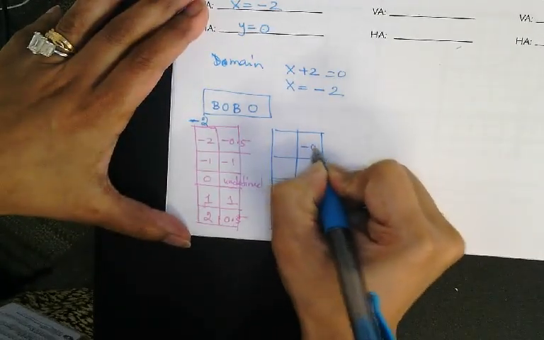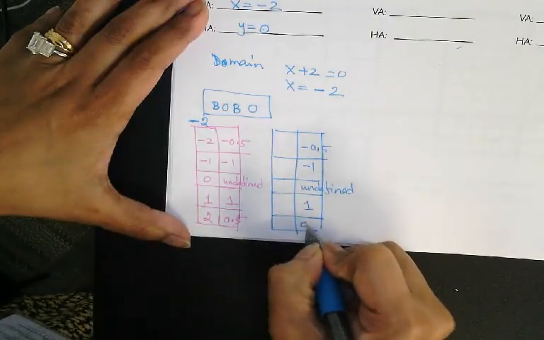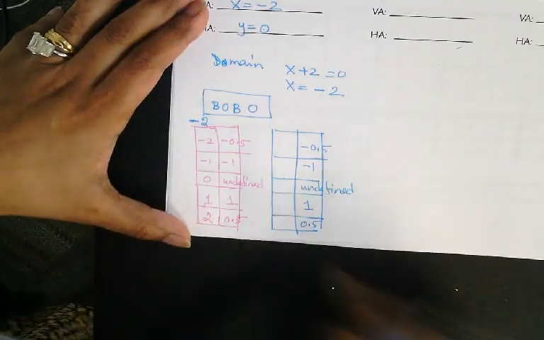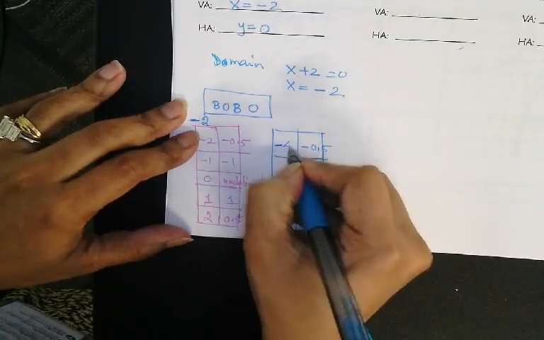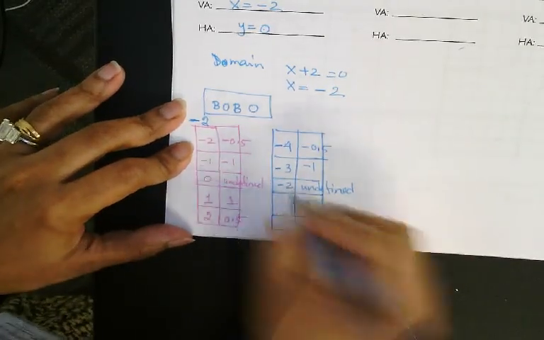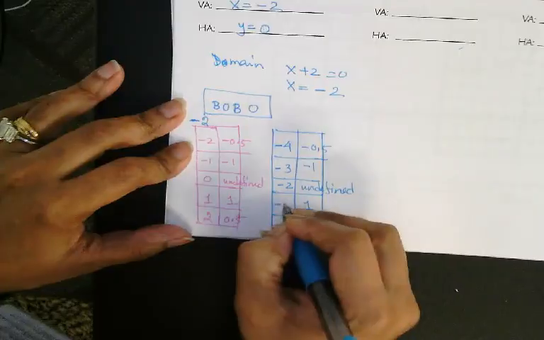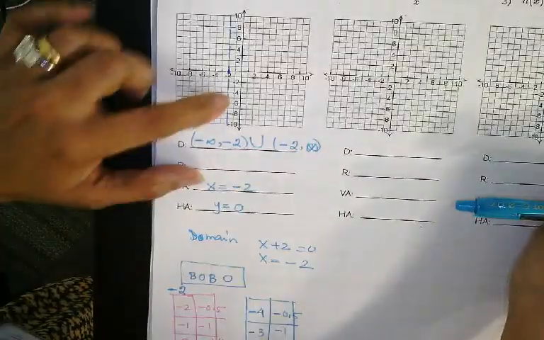Nothing changes on any of the y values. Everything stays the same. For the x values, the new values are going to be -4, -3, -2, -1, and 0. Let's plot it over here.